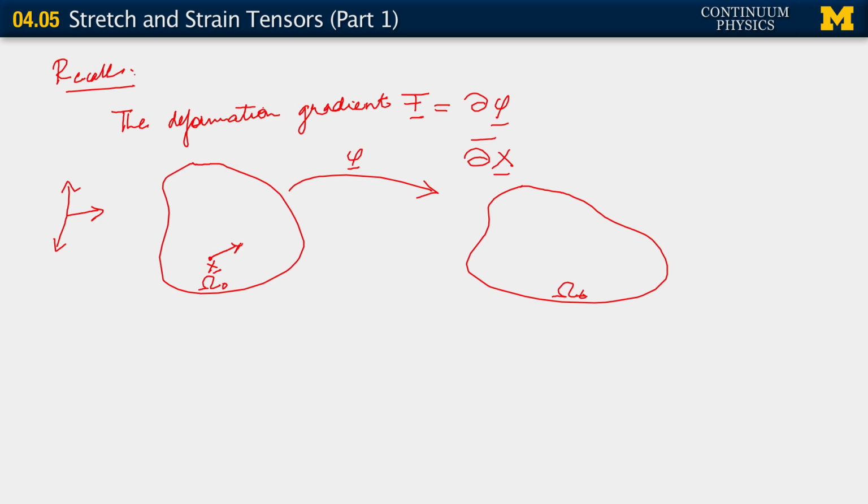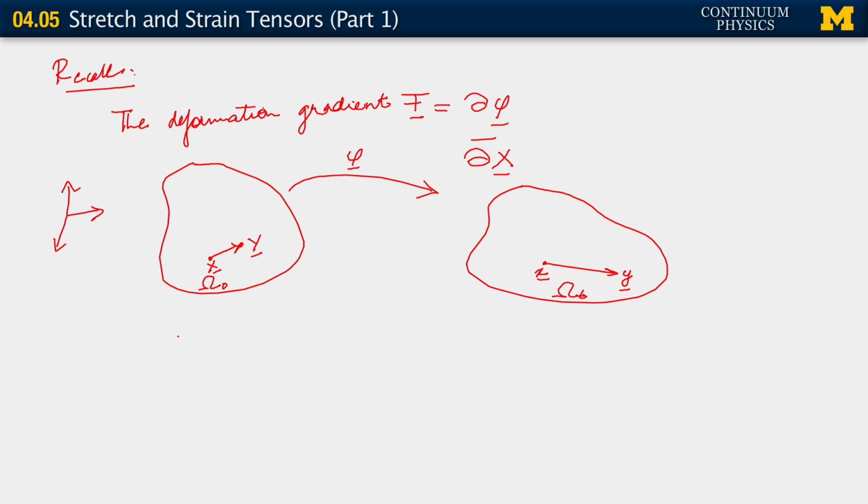If we have a little vector there, y minus x, we saw that under the deformation, that vector could go to something like that. Little x is the deformed position of capital X, little y is the deformed position of capital Y.